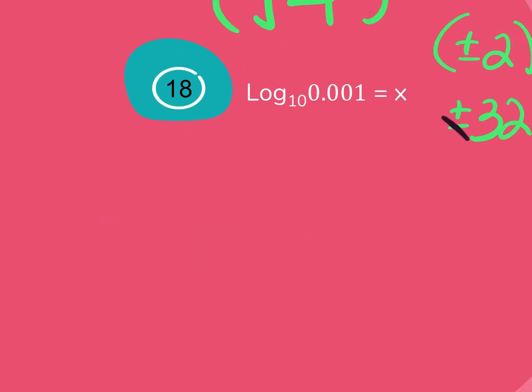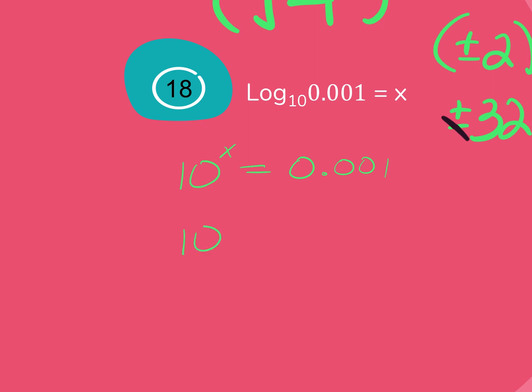So then the next one, again, let's turn it into exponential. So 10 to the x power equals 0.001. And if you prefer to go ahead and change this to a fraction, you can. Or just realize that this is 10 to the negative 3.